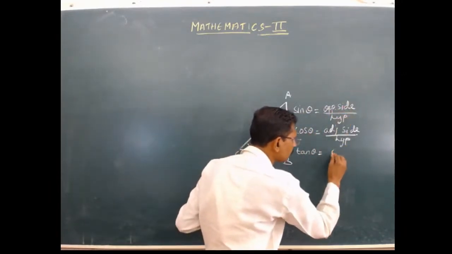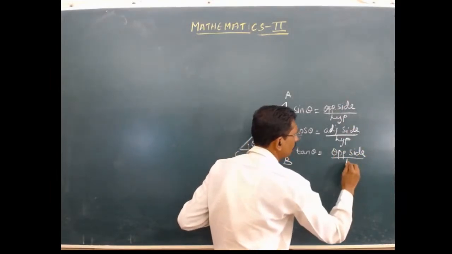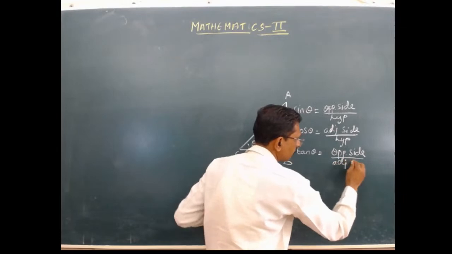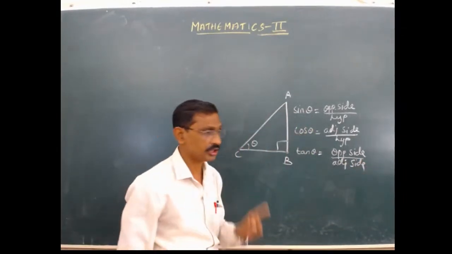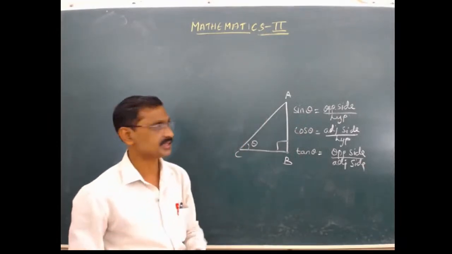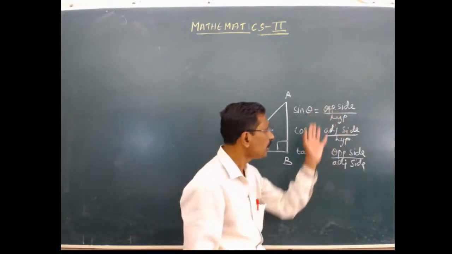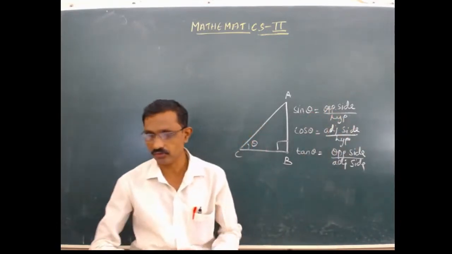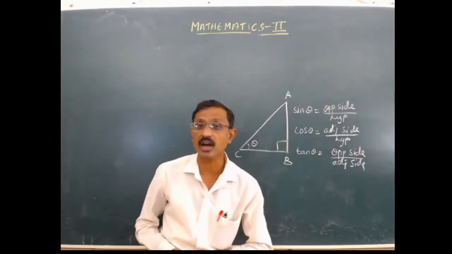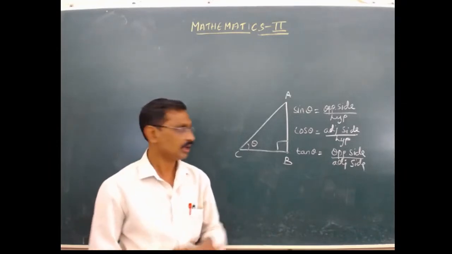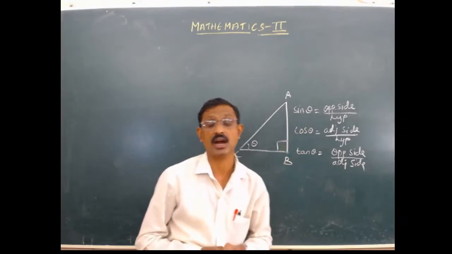So what I get here is opposite side upon the adjacent side. These 3 trigonometric ratios are the basic ratios, identities rather, you can say. These are the 3 basic identities which we have. From this we can make cosec theta, sec theta, cot theta, and so on. But these 3 are the basic identities.